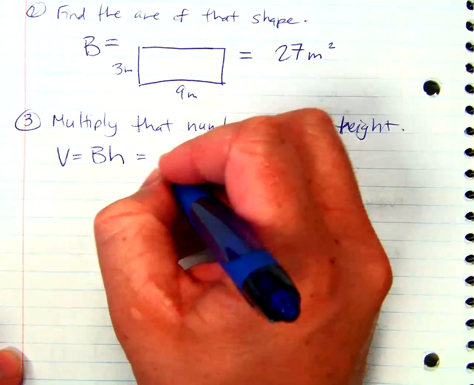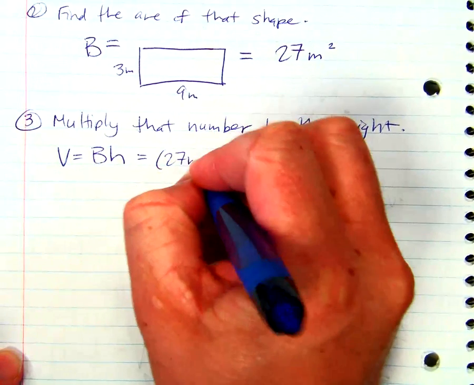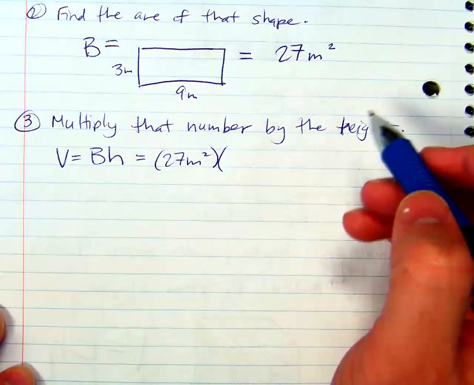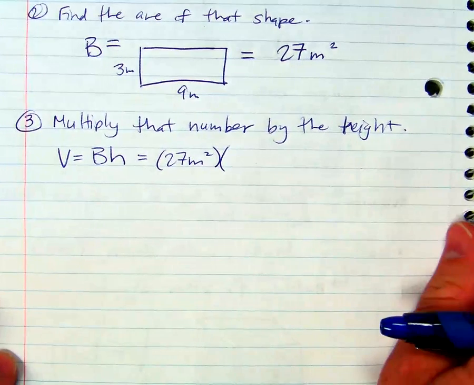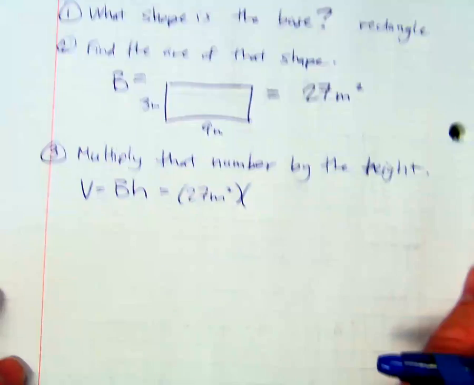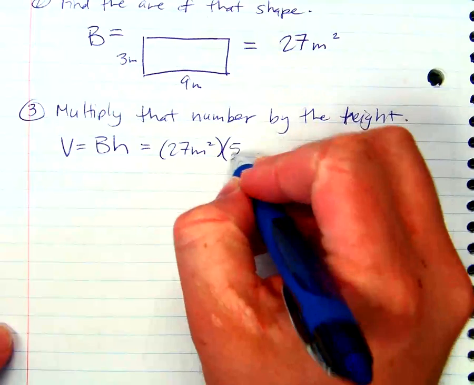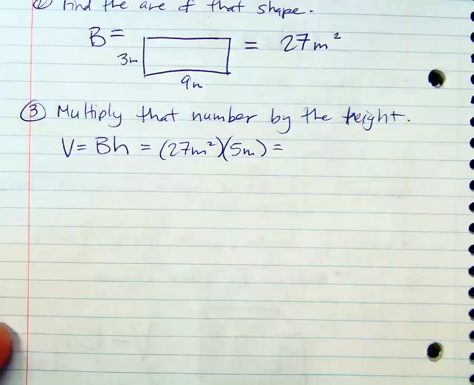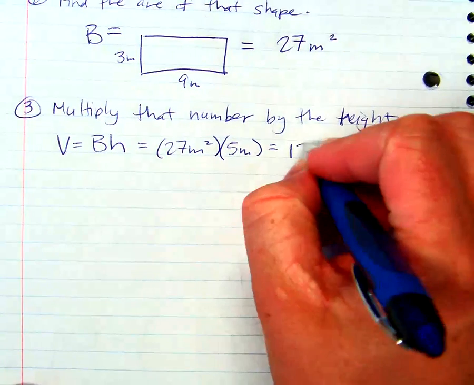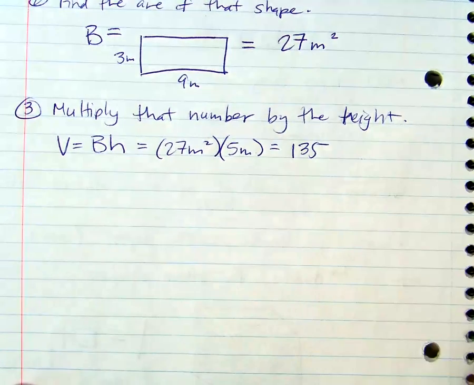We know that capital B is 27 meters squared, because that's what we found in step 2. We know that the height of this entire object, so if you look back at the original drawing, how tall is this? 5 meters. So we put in a 5 meters here. If we multiply those out, 27 times 5 to get 135.